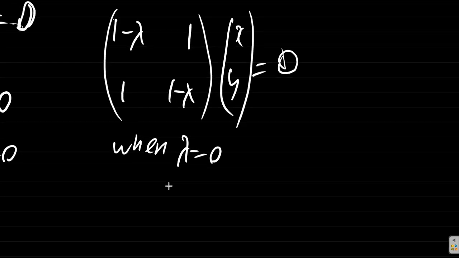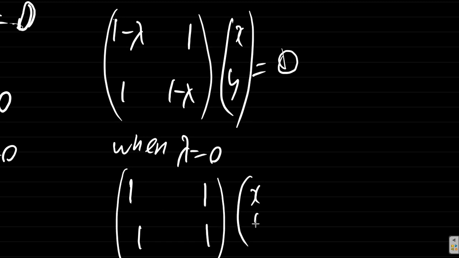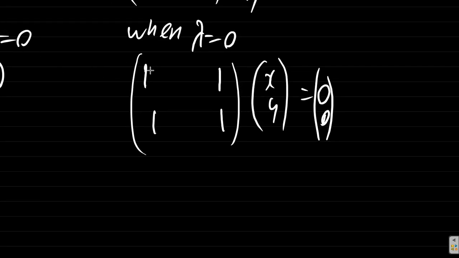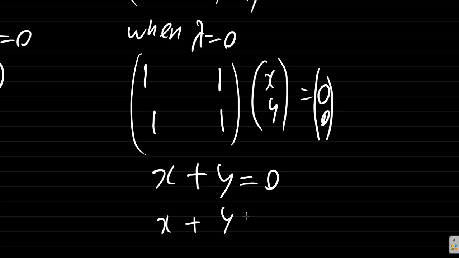You have 1 minus 0, which is 1, 1, 1, 1 minus 0, which is 1, times x, y is equal to 0, 0. Let's turn this into equations: 1 times x is x, plus 1 times y is equal to 0. 1 times x is x, plus 1 times y is equal to 0.